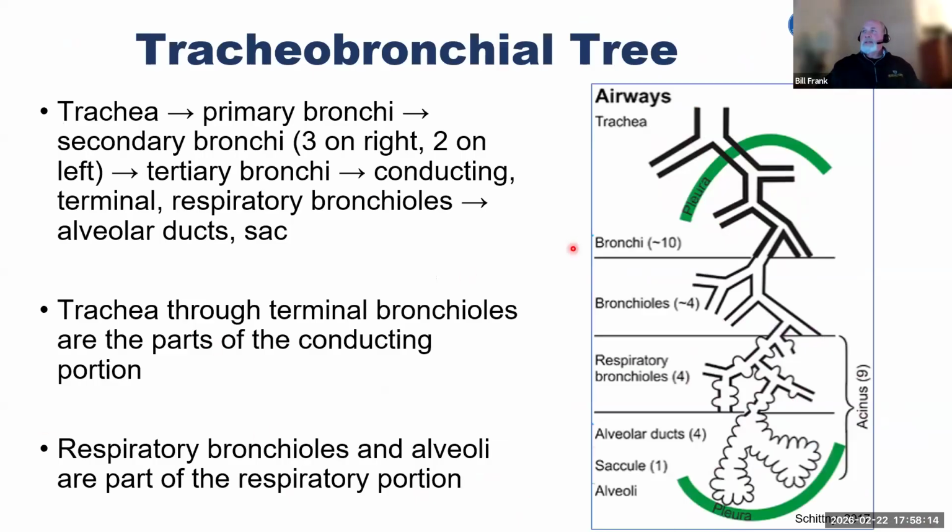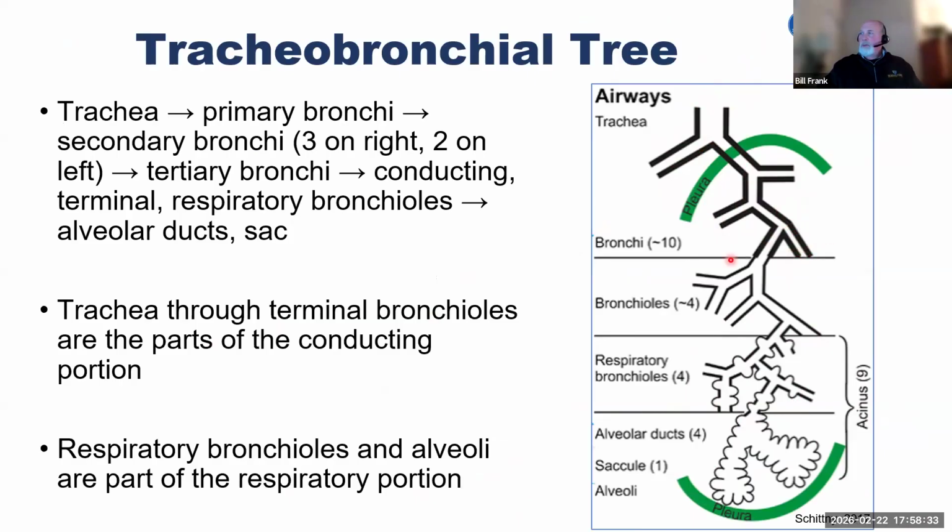Okay, so let's look at the tracheobronchial tree. If we start here at the top, we see the trachea coming down, and it's going to divide into a right and left primary bronchus. Primaries will split into secondaries. The secondaries will branch into tertiary.